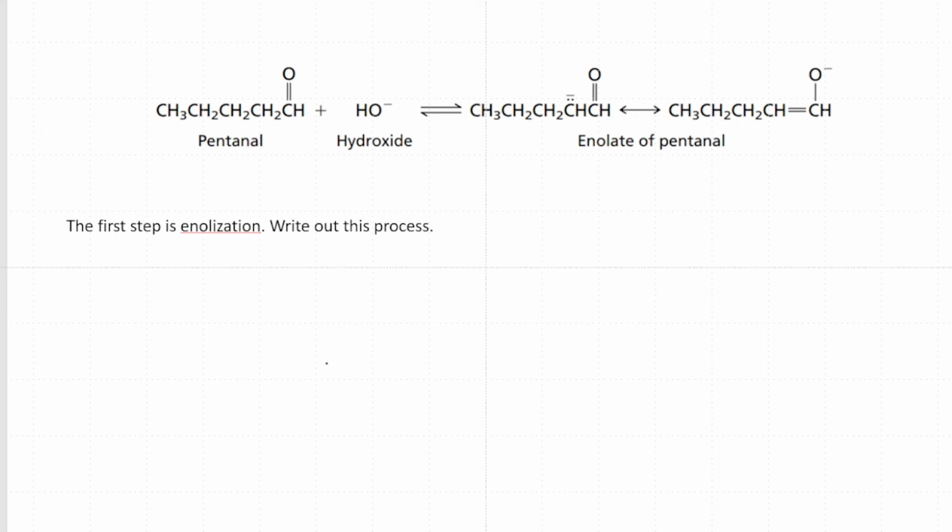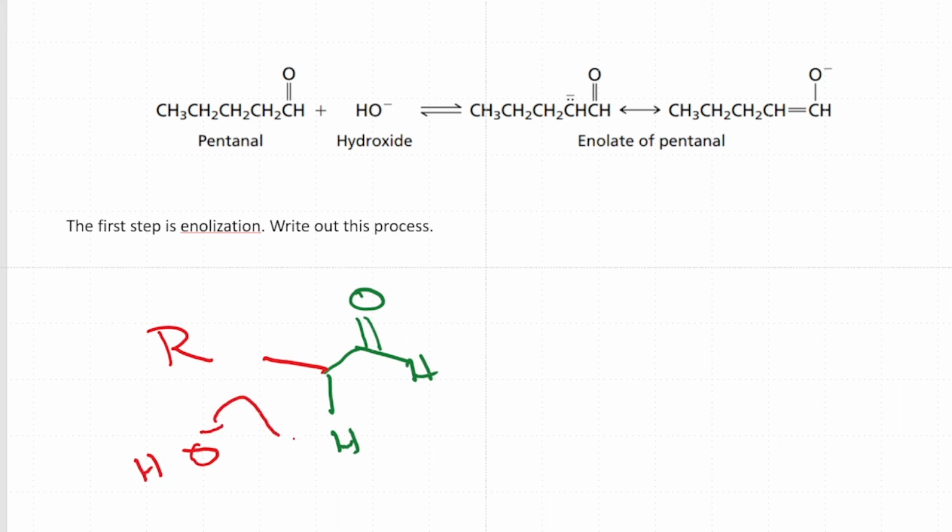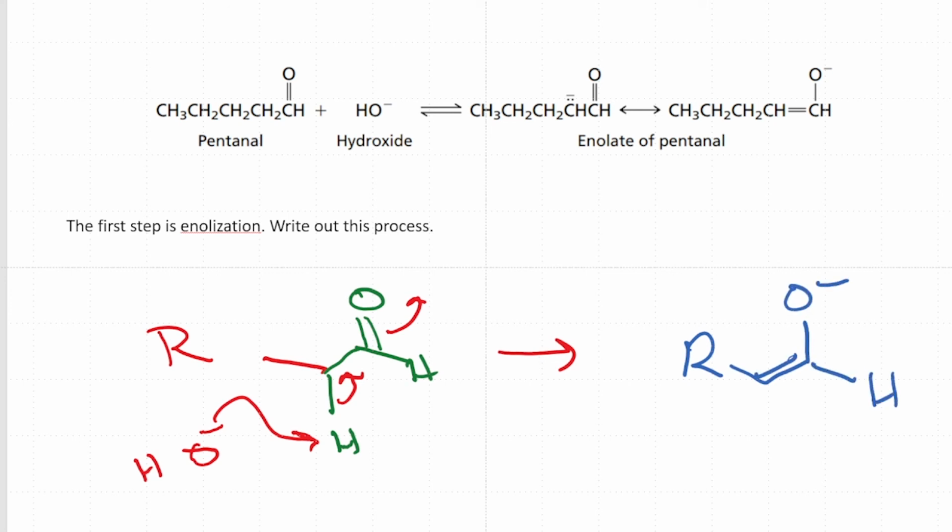In order to draw that out, if I assume that this is the aldehyde and here is a hydrogen, so you have R here, and hydroxide attacking here and producing, to give you the enolate. This is something that we are fairly familiar with.